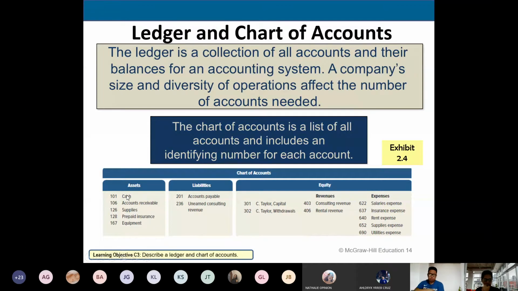Katulad niyan, cash. Tama dito, sa cash, ang code niya is 101. Tama ba? Do you see the presentation? Tama? Yes po. For accounts payable, malinaw naman yung audio ko, no? 201 tayo, tama? So, depende na talaga sa company kung anong code or identifying number ang ilalagay nila.